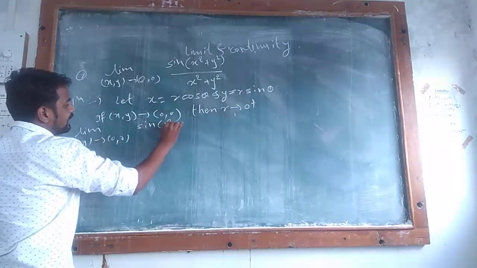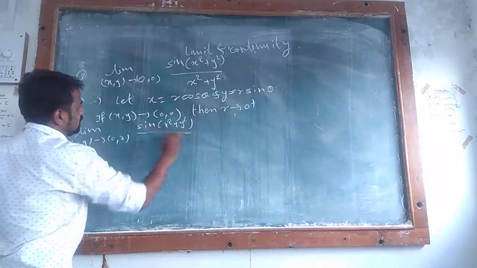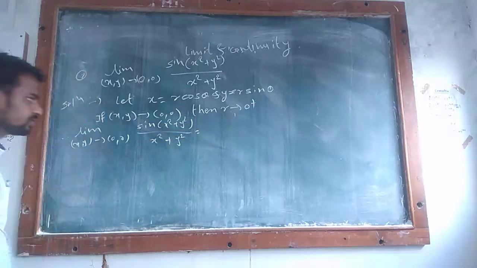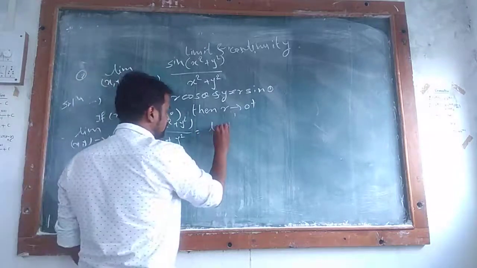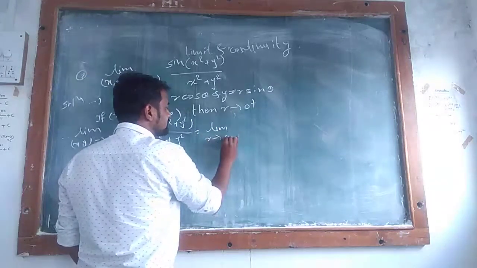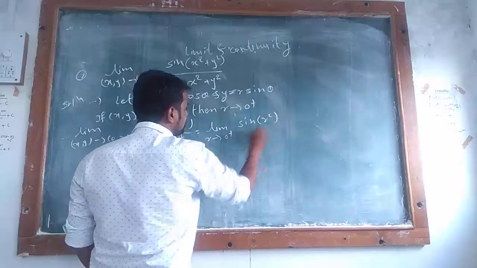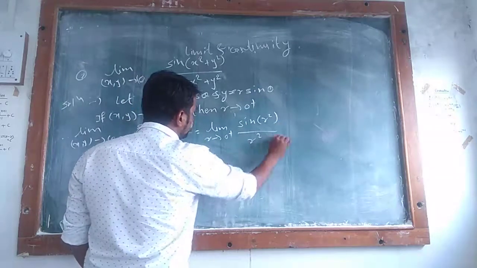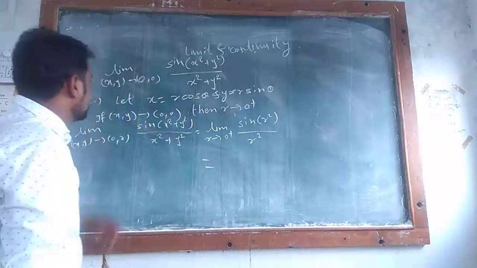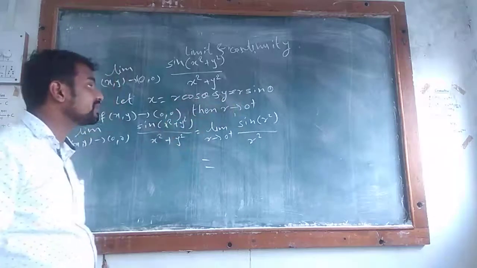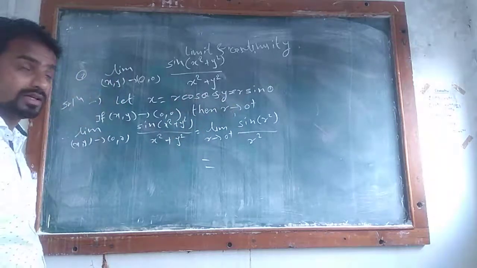Therefore we have the limit as (x, y) tends to (0, 0) of sine of (x square plus y square) upon (x square plus y square) is equal to the limit as r tends to 0 plus of sine of r square upon r square, because if x is equal to r cos theta and y is equal to r sin theta, then x square plus y square is r square.